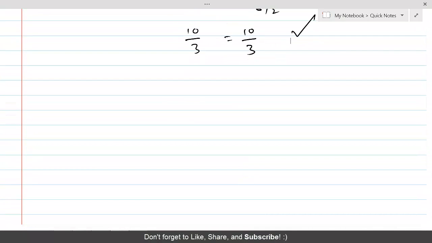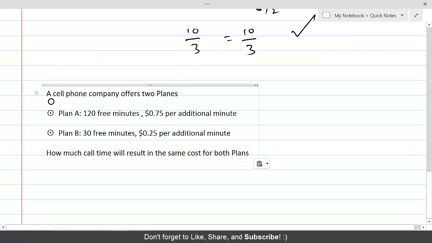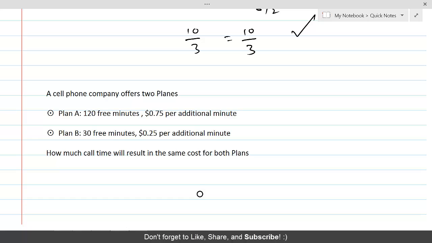Now let's do another question here, and that question is that we are going to compare cell phone plans from a company. In plan A, we have 120 free minutes, while after 120 free minutes, every minute of call will be billed at 0.75 per additional minute.